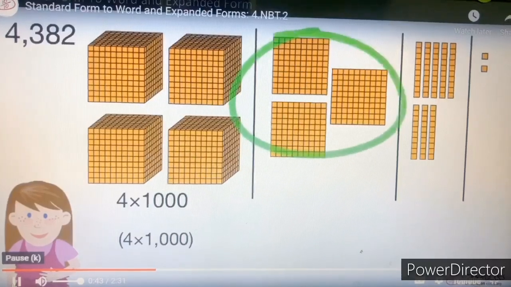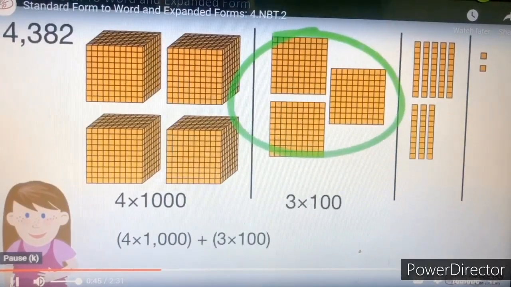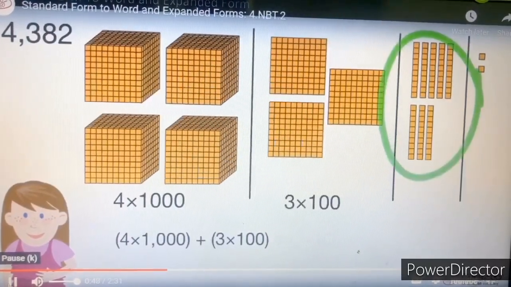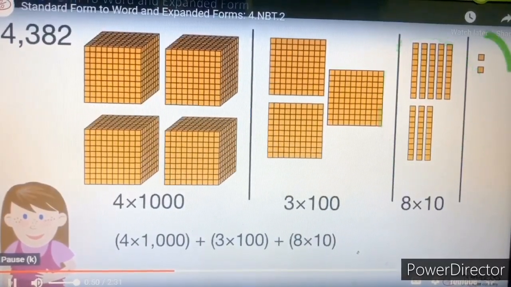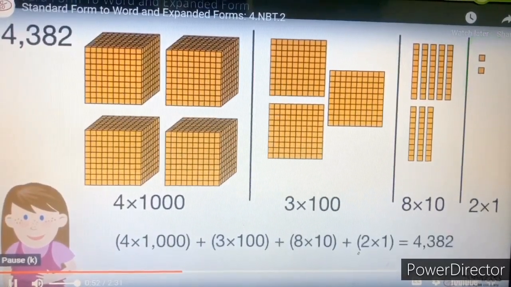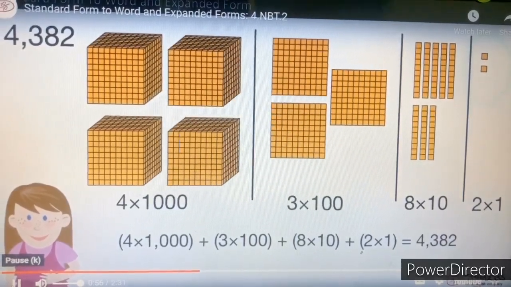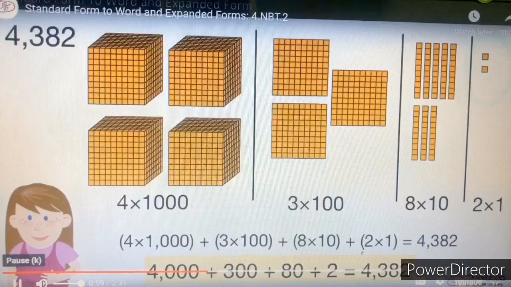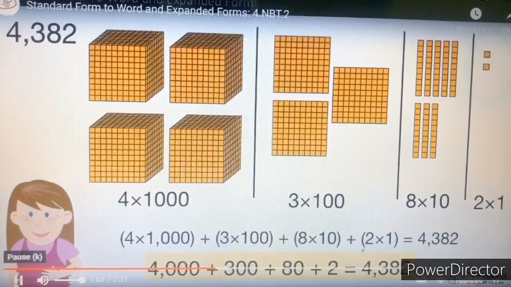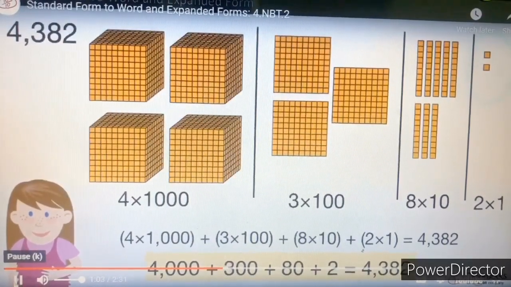There are 3 hundreds, 8 tens, and finally there are 2 ones. We can show the value of the whole number by using an equation. 4,000 plus 300 plus 80 plus 2 is equal to 4,382.